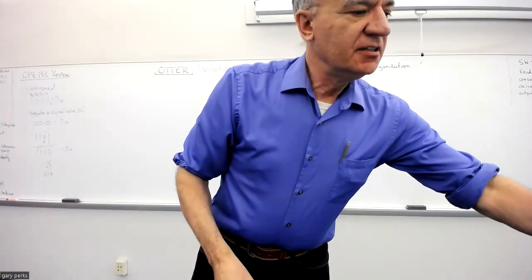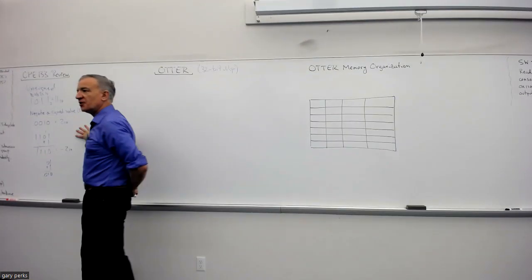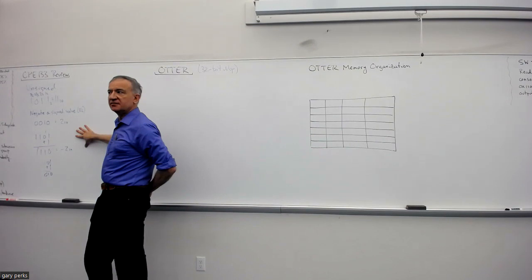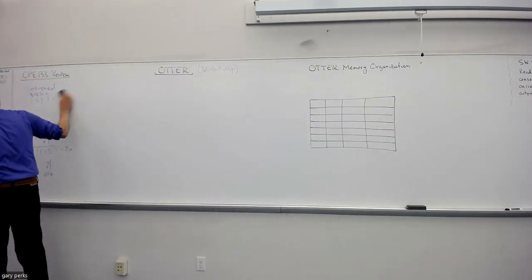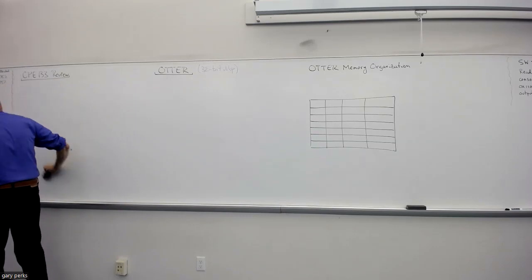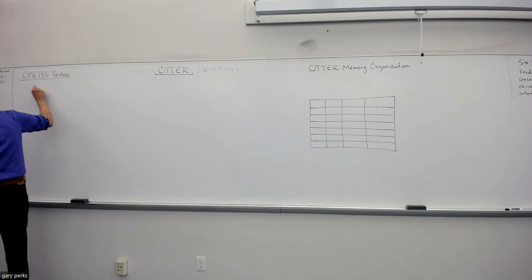Okay? Let's see, what else did I want to? Oh, the range of unsigned. Well, everybody okay before I go to the next thing? Okay, the next thing I just wanted to review is the range depending on the number of bits you have. Let's start with unsigned.